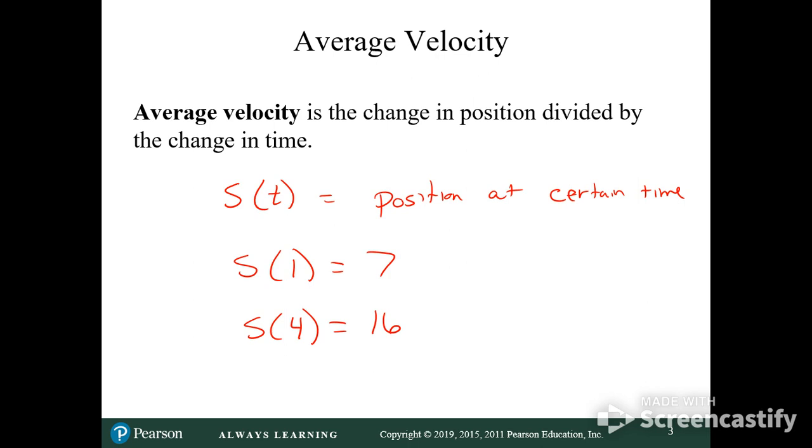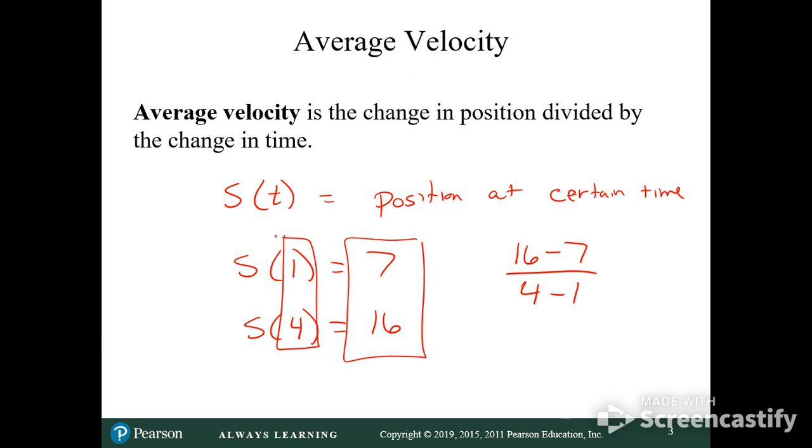If we want to find the average velocity, well, we take 16 minus 7 over 4 minus 1, because this is the position, this is the time. So it's the change in position divided by the time. What's 16 minus 7? 9 divided by 3 is 3. And an average velocity of 3. If it's miles, then it'd be miles per second, miles per minute, miles per hour, whatever.